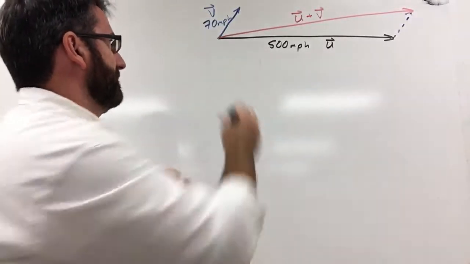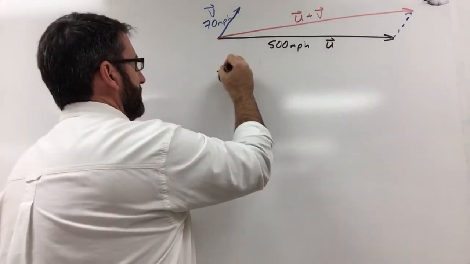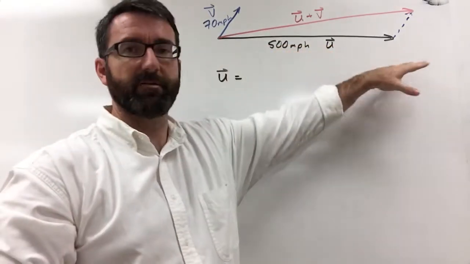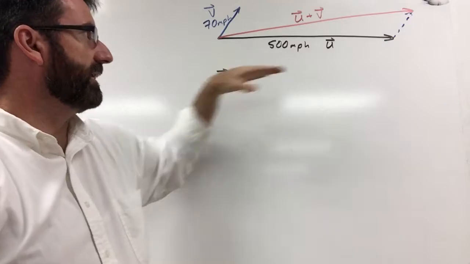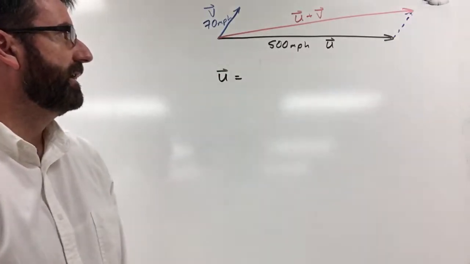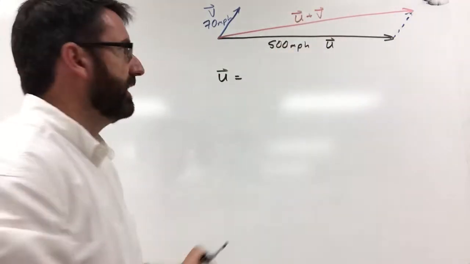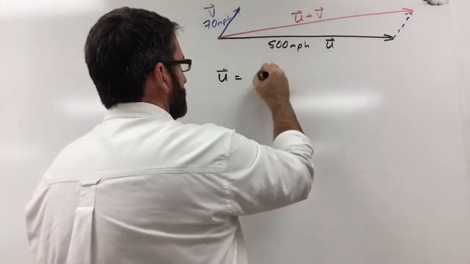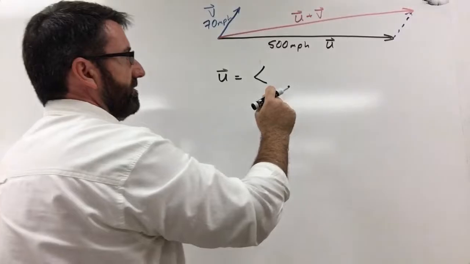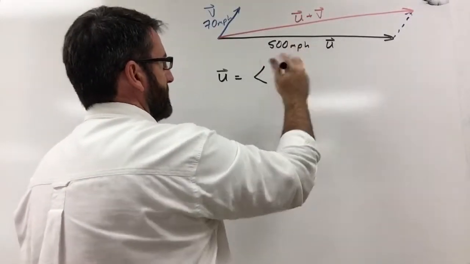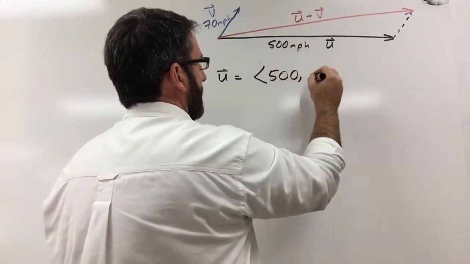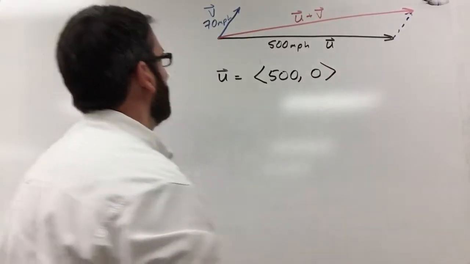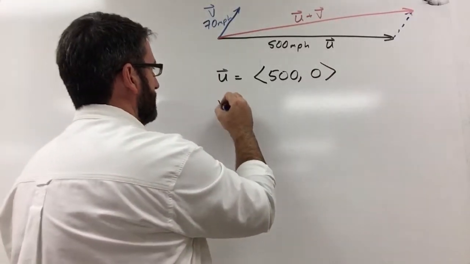So vector u, let's write this vector in component form. It's going 500 miles per hour in the horizontal direction, and 0 in the vertical direction as we've drawn it. So the component form of this vector is just 500 and 0. And then vector v is a little more difficult.